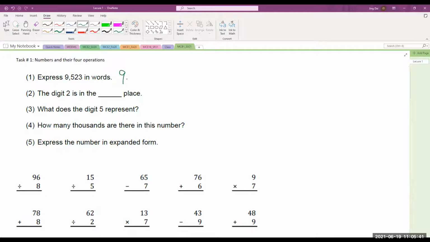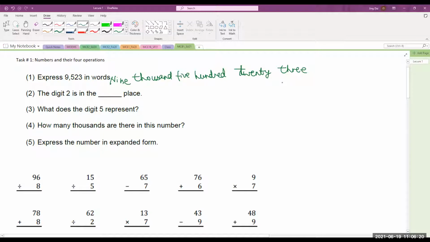It's supposed to write 9,523. Actually, I'm gonna erase these because I want them to be in letters. So this is how you express a number in words.